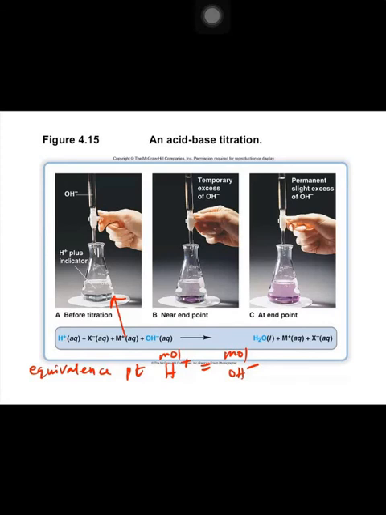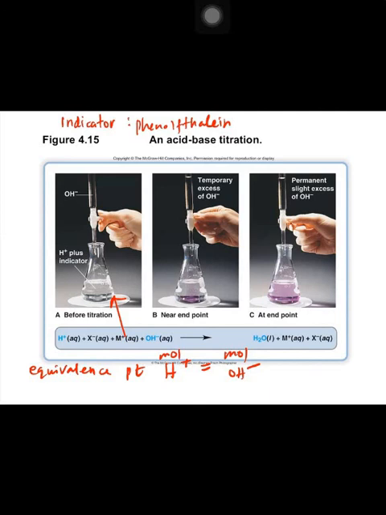So to help us to identify the equivalent point, then kita kena guna apa? Siapa ingat lagi? Phenolphthalein. Okay. Phenolphthalein tu adalah what we call as indicator, penunjuk kan, indicator. So one of the popular indicator is phenolphthalein.